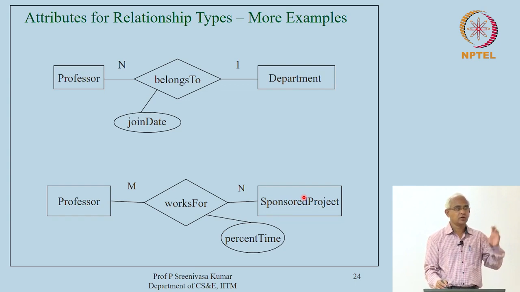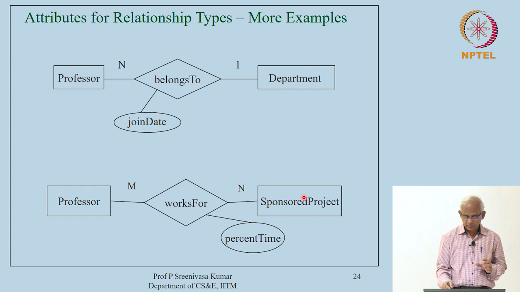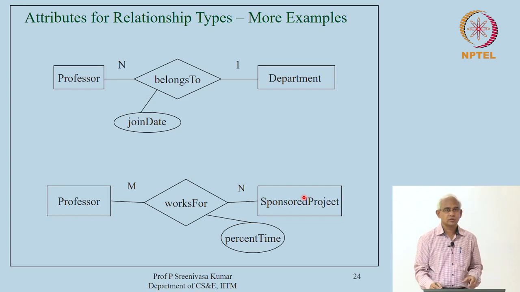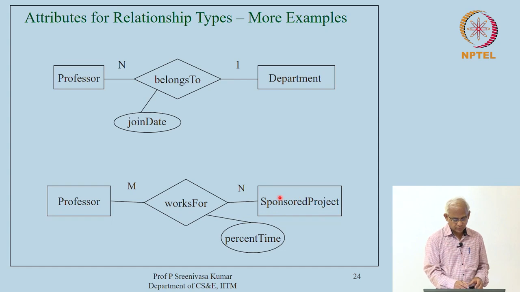You have certain working time, you have teaching and other commitments, but we would like to know how much is given to this particular sponsored project. So, the percentage time given to a sponsored project is a possible attribute in this context.